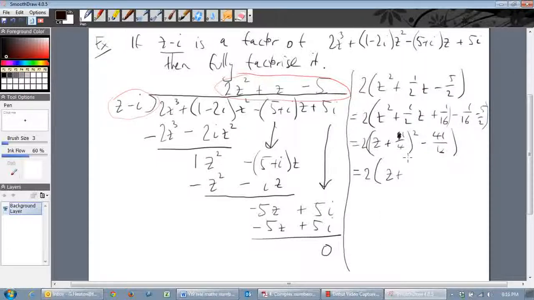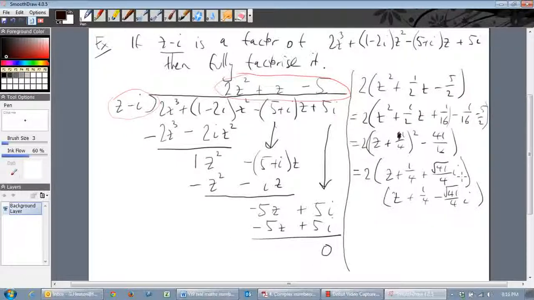Z plus 1/4, and then we've got plus root 41 on 16? Can't read my own writing. Over 4i, and then the other one will be z plus 1/4 minus root 41 over 4i.